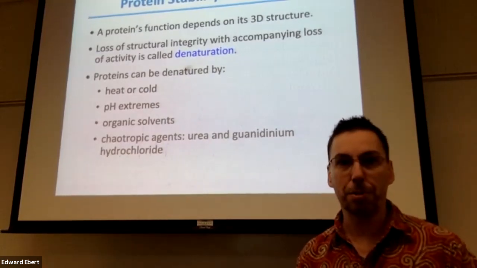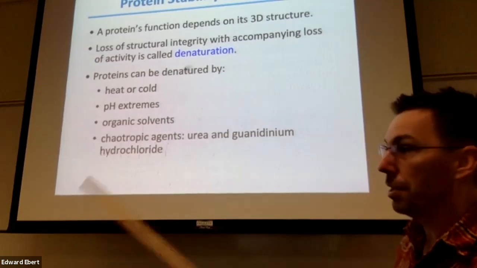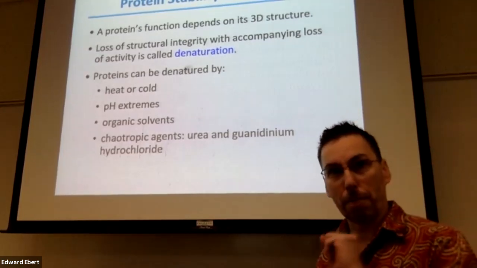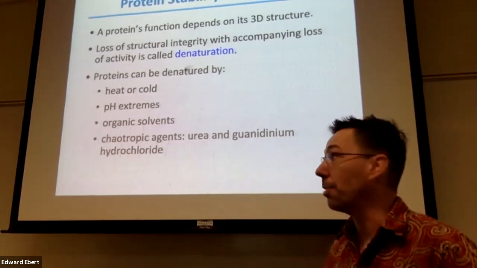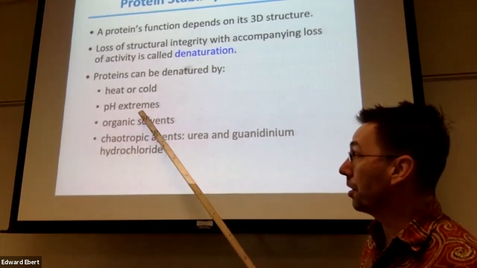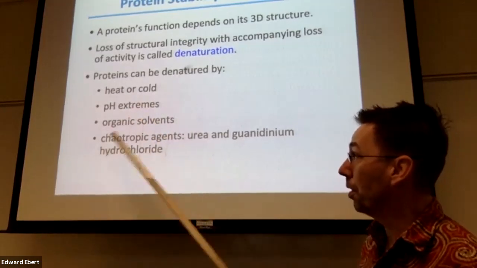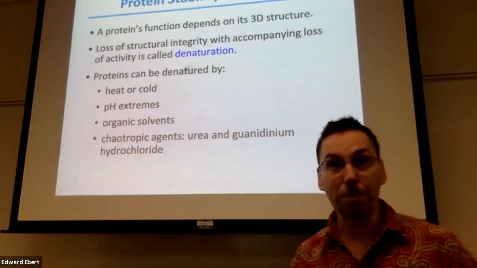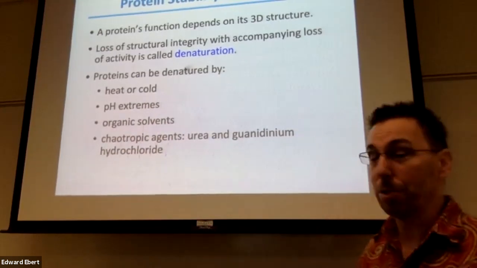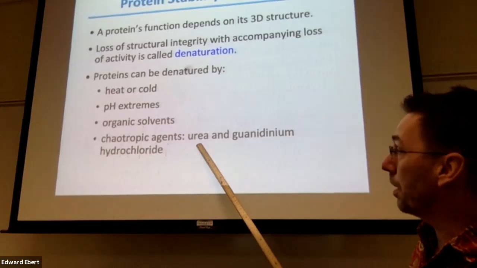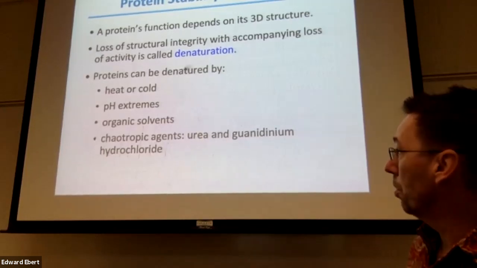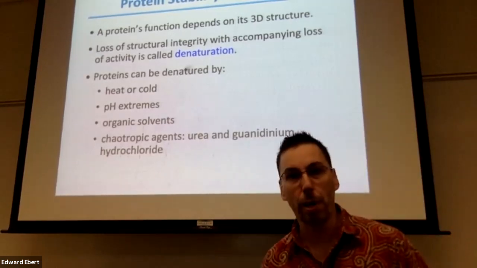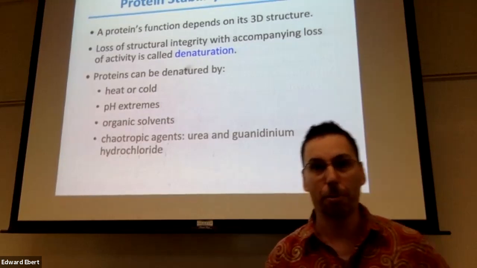We can change temperature, we can change the pH. So again, we'll be either adding hydrogens or abstracting hydrogens, so we're going to be adding and changing charges, and that can cause it to unfold. We can stick things in various solvents. We can use chaotropic agents like high concentrations of urea or guanidinium hydrochloride, which will also cause them to unfold.